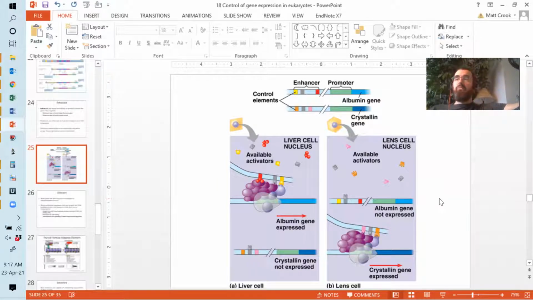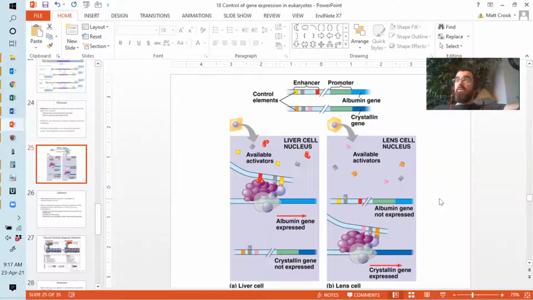It helps clear out cellular material and replaces it with a crystalline protein, which helps focus light. Light comes in through your lens and gets focused onto your retina.